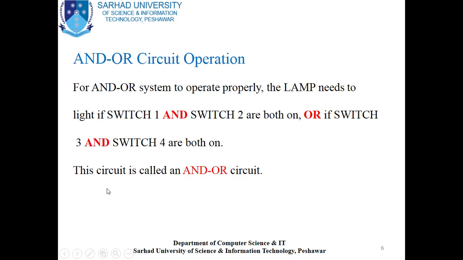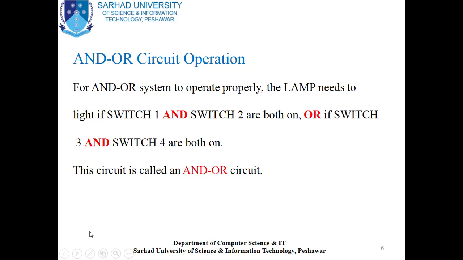AND OR circuit operation. For the AND OR system to operate properly, the lamp needs to light if switch 1 and switch 2 are both on.